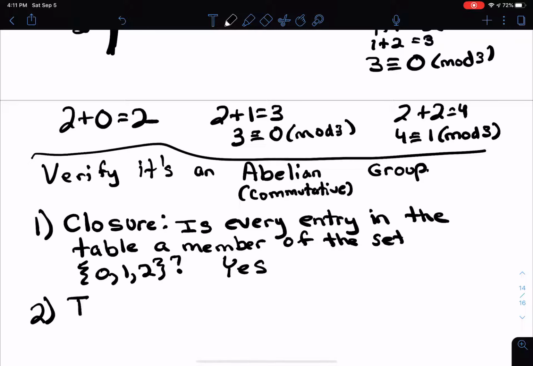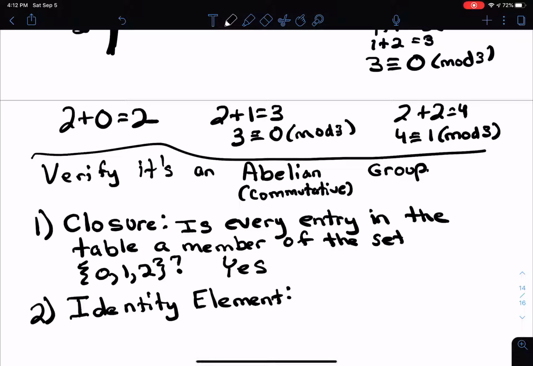Identity element. Is there an element that, when you add, you get back the same number?